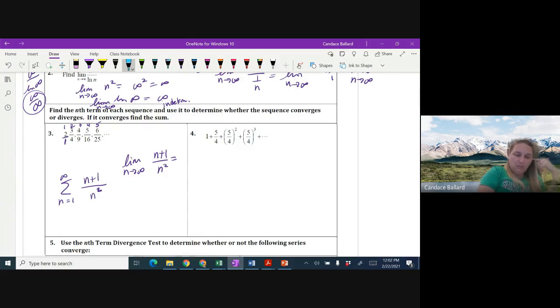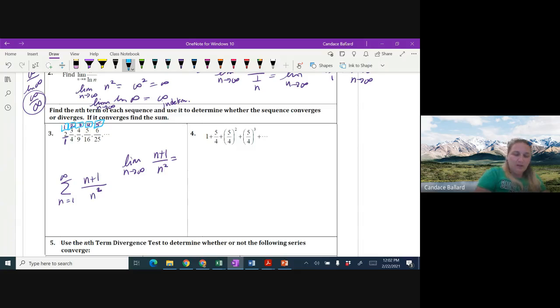All right, so let me explain how I got this. What I'm boxing in blue are my term numbers. I have to base my function, or my nth term, on my term numbers. So I need to look for a pattern in what's consistent between the term numbers and the values of the sequence.